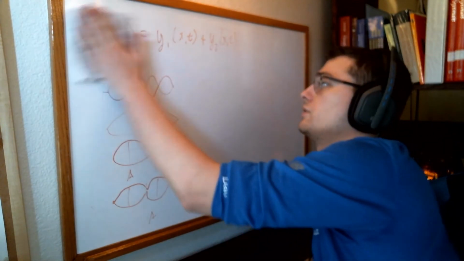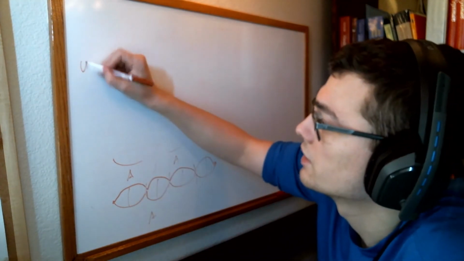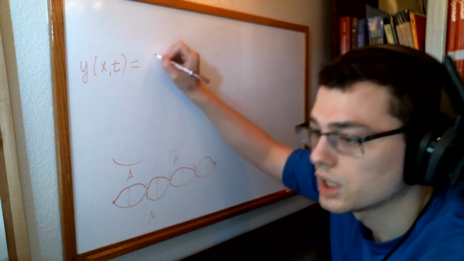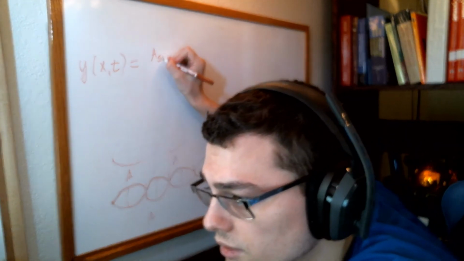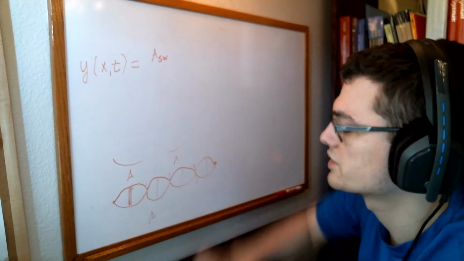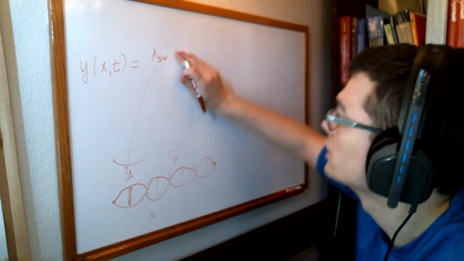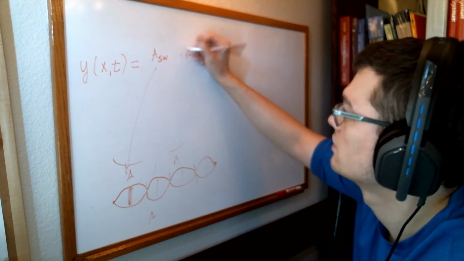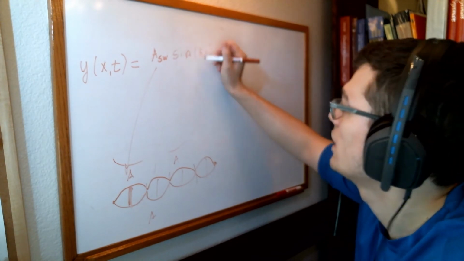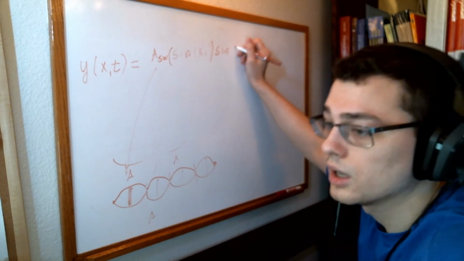And we can mathematically describe standing waves on a string or a rope. y(x,t) is going to be equal to the amplitude of the standing wave, A, times sine of kx, and then times sine of omega t.